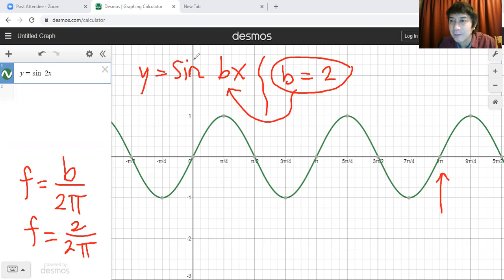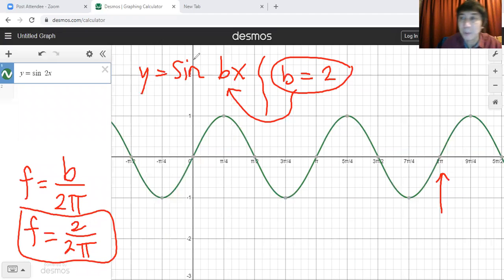That's your 2 pi radians, or 360 in degrees. What do you mean by 2 per 2 pi, or 2 for every 2 pi? It's this one.